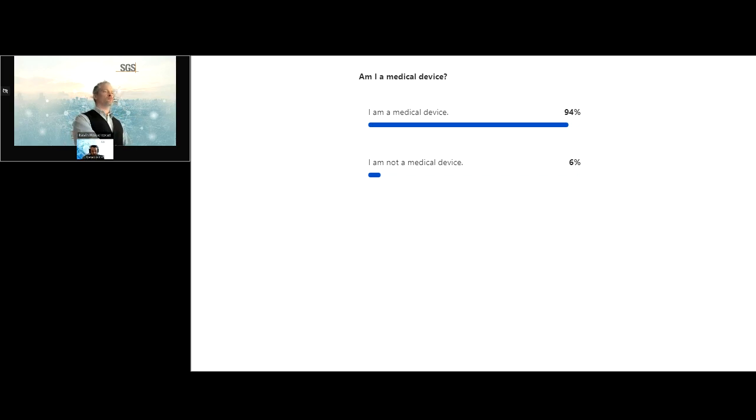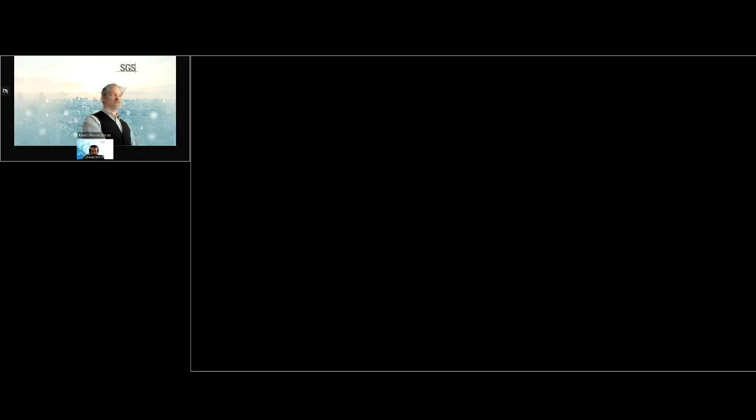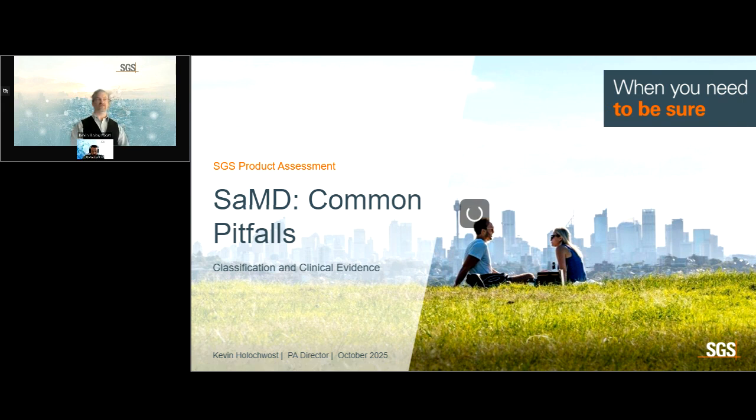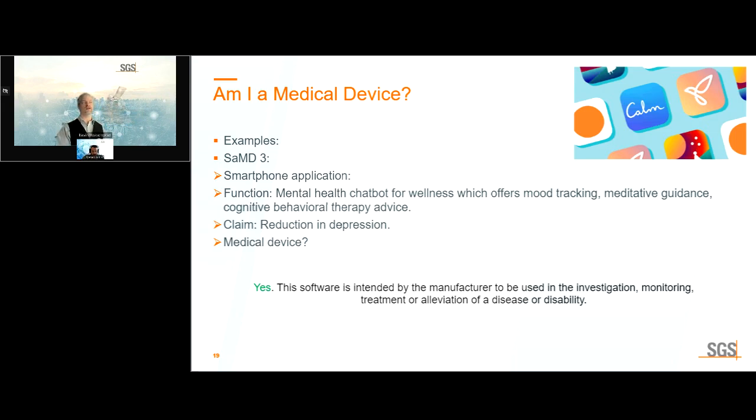So the answer to the majority, congratulations, is yes. This software is for investigation, monitoring, treatment, and alleviation of a disease or disability. Depending on where exactly you go looking up things such as clinical depression, sometimes it's called a disease state, sometimes it is called a disability, but it is recognized in the EU as falling under the MDR.